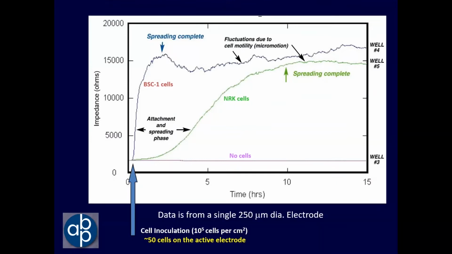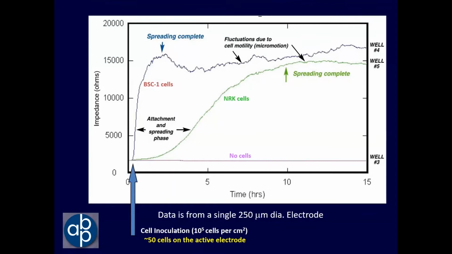These cells attach and spread at different dynamics, which accounts for the difference in the curves, but they happen to go to about the same final impedance. This could be quite different if you were looking at cells that had tight junctions, which would be off the top of your monitor, or very weakly attached fibroblastic cells, which might have a smaller effect on the total impedance.